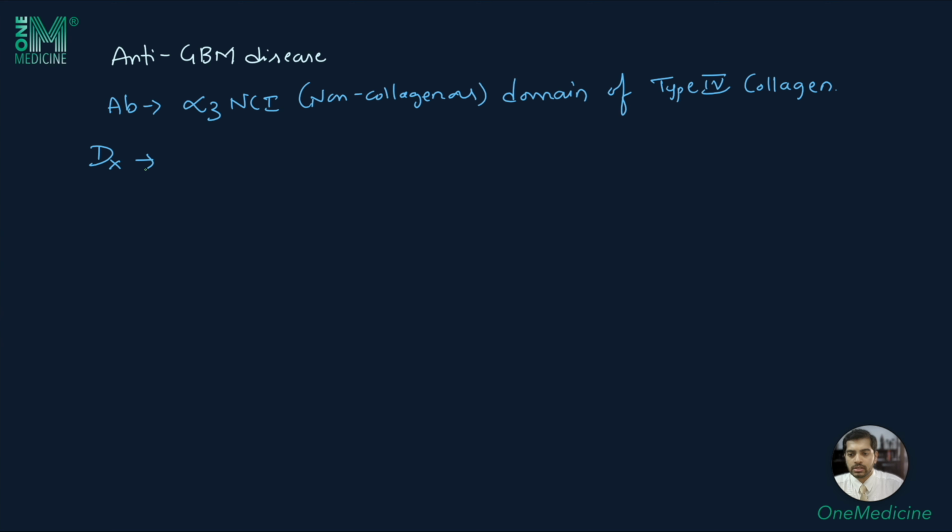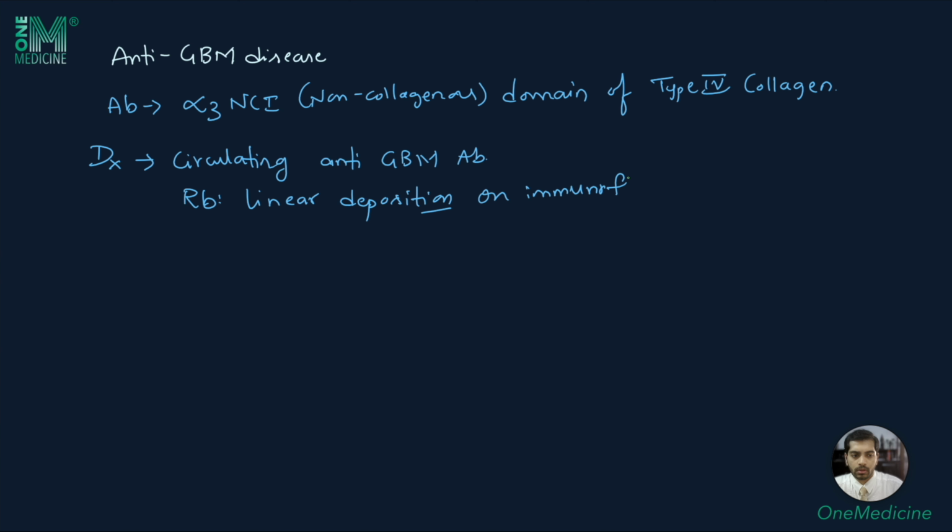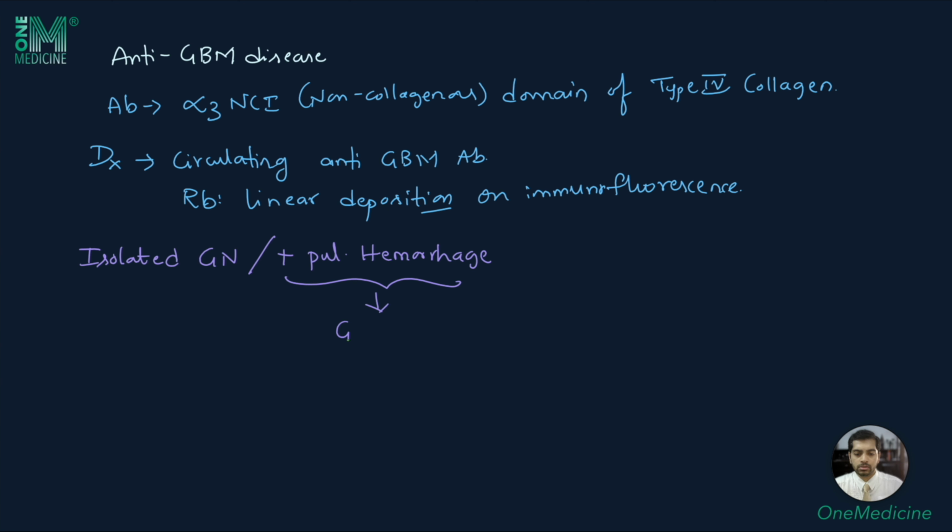The diagnosis is established by circulating anti-GBM antibodies and renal biopsies revealing linear deposition on immunofluorescence. Patients can have isolated glomerulonephritis, or there can be associated pulmonary hemorrhage.